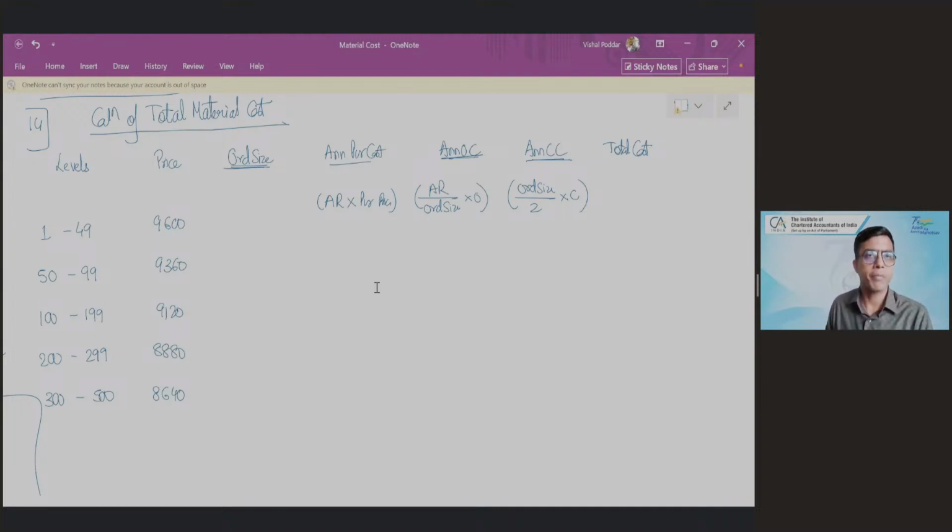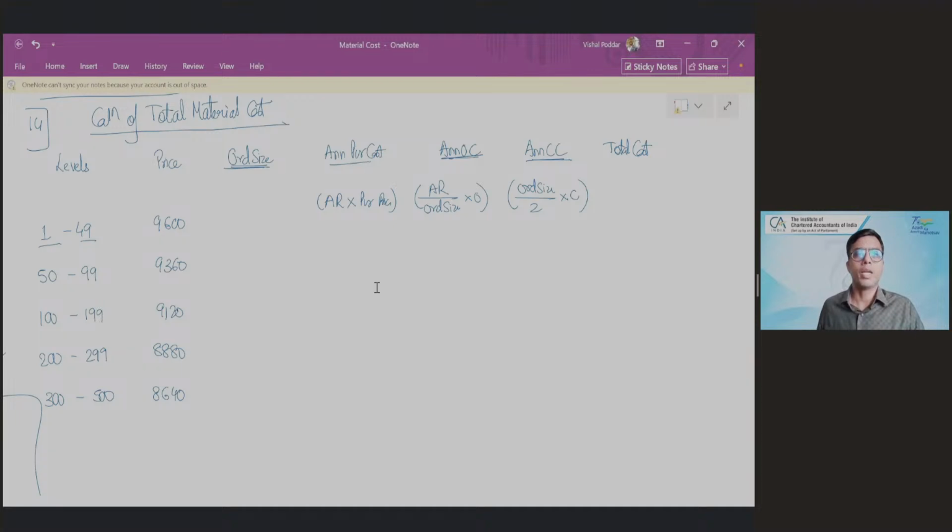But for the first time, instead of giving a fixed order quantity and the discount, they have given me a range. Now, whenever they give you a range, there are two approaches. Again, students, I repeat, at professional level, you will find this. For the same thing, you may have different approaches, different ways of solving. Now, what are the different approaches?